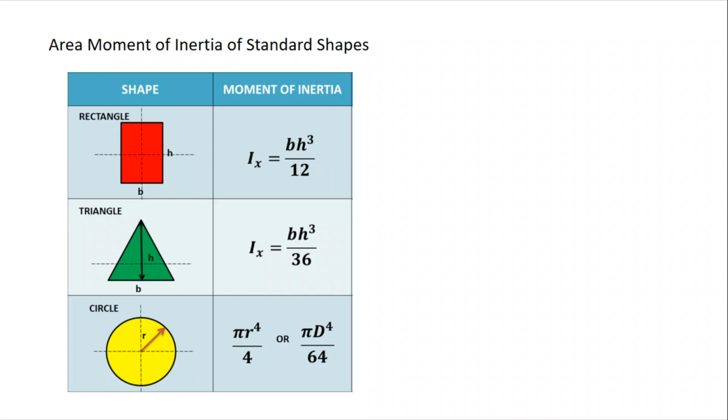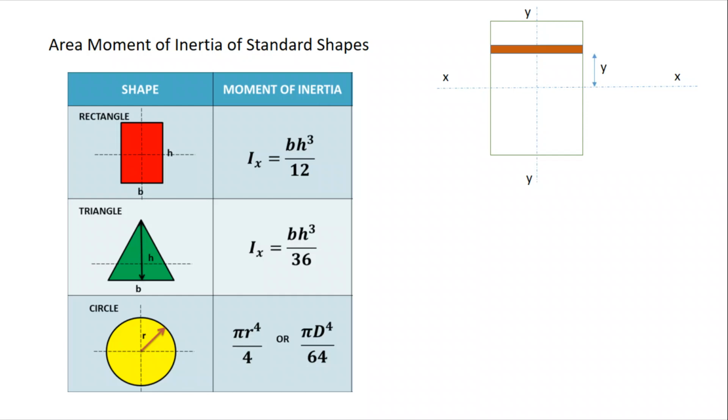We will see the first example, that is a rectangle. Consider a rectangle. I draw the x-axis passing through the midpoint of the height of the rectangle, then the y-axis passing through the midpoint of the width.